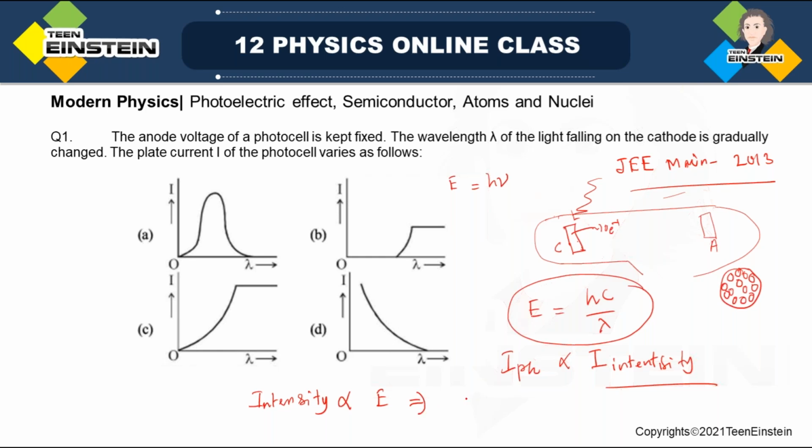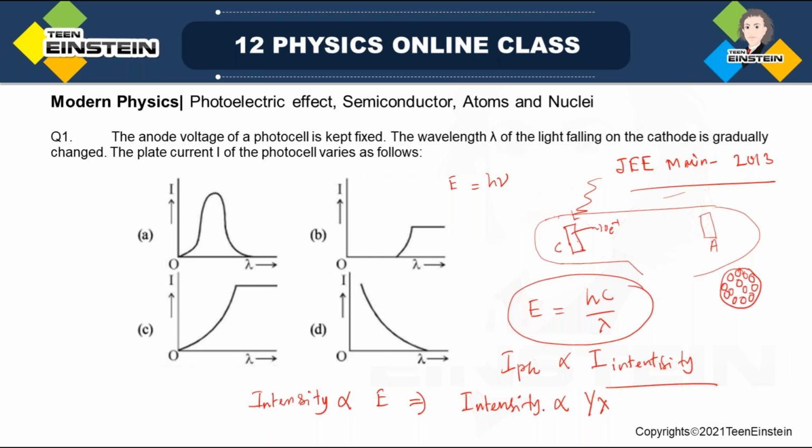So we can imply that the intensity of the incident light is directly proportional to 1 over lambda. Sorry, not exponentially, it is inversely proportional to lambda.